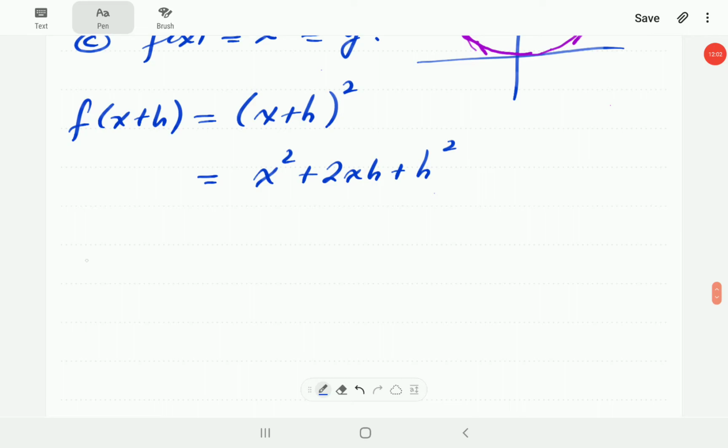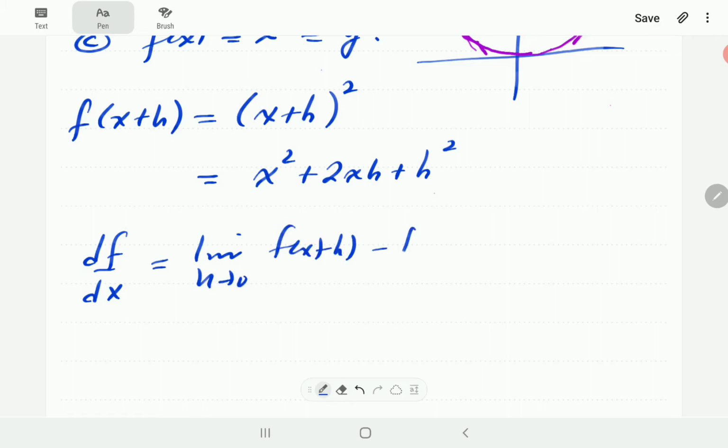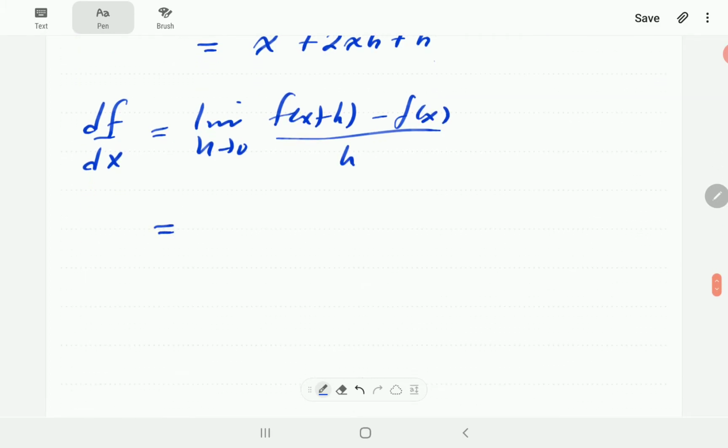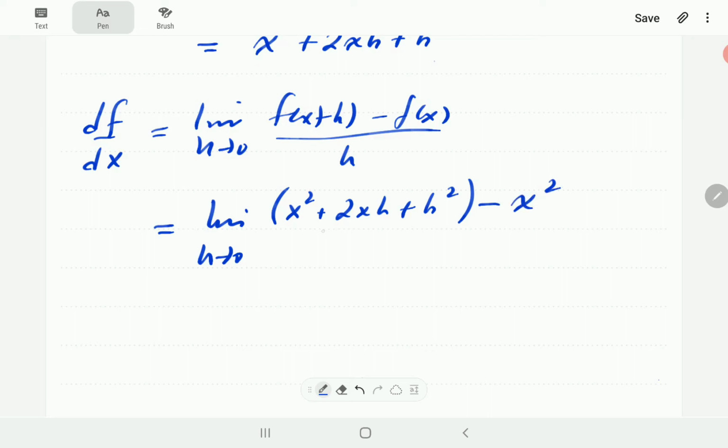Then when we plug this into the formula for the derivative, this is going to be the limit as h goes to 0 of x squared plus 2xh plus h squared, and then f of x is just x squared.